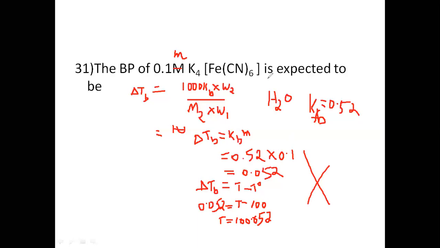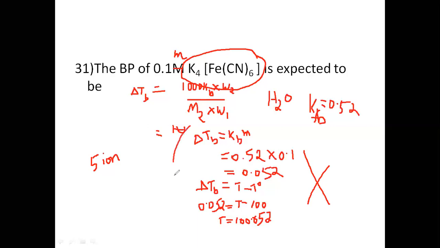Why is it wrong? This is a dissociating molecule, so there will be 5 ions. And remember, this delta TB, delta TF, etc. are colligative properties which depend upon the number of solute particles.